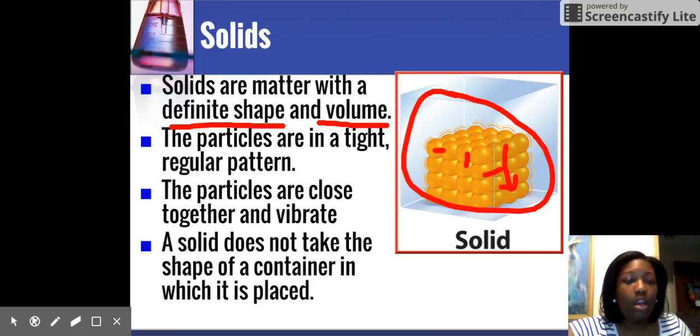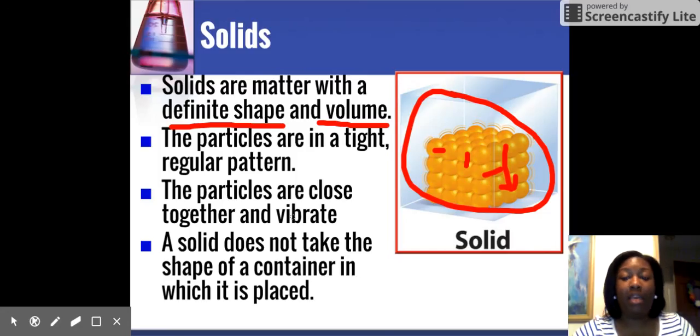Okay. The particles are close together and they vibrate. So think about a solid as being still. There is some slight motion to it because the molecules aren't going to stand still, but you don't feel that motion, okay? And also, a solid does not take the shape of its container.